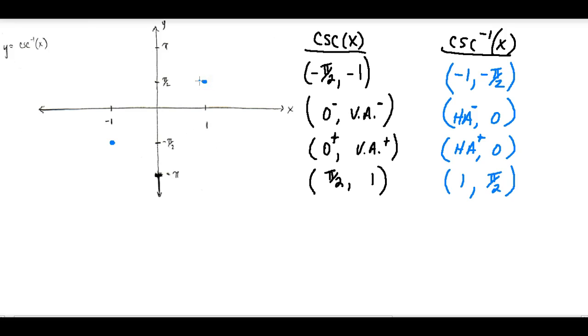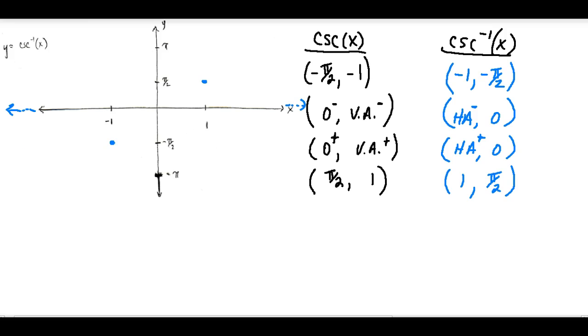Now, we notice that for the horizontal asymptote, we have one that's going to the left that approaches y equals 0, and then we have one that's going to the right that approaches y equals 0 as well.